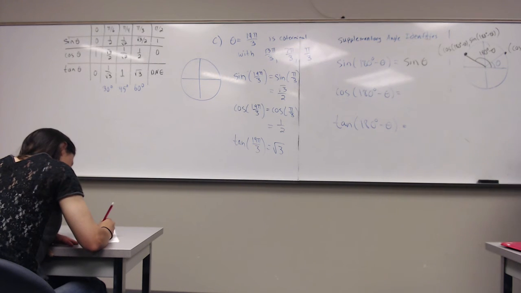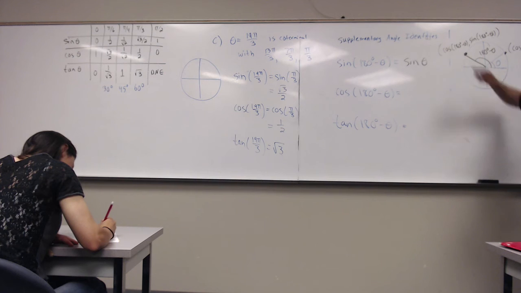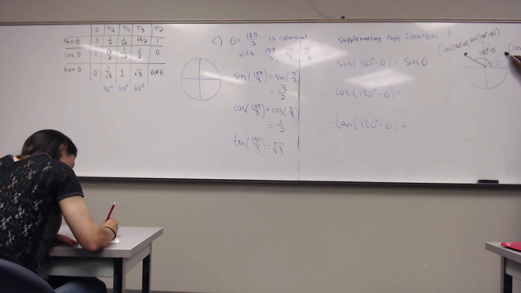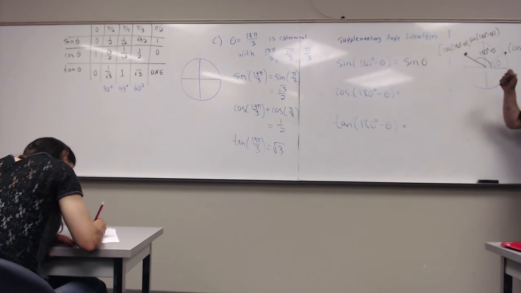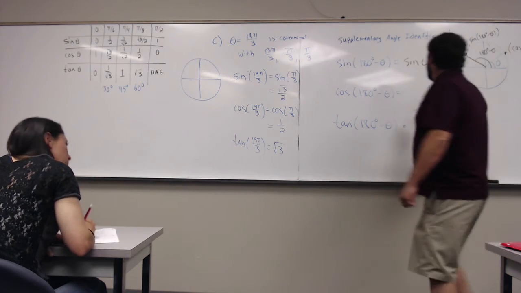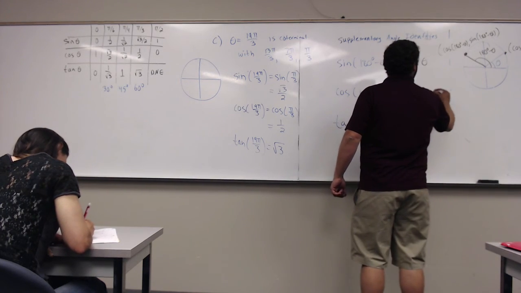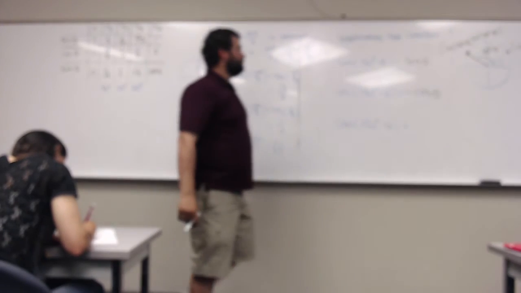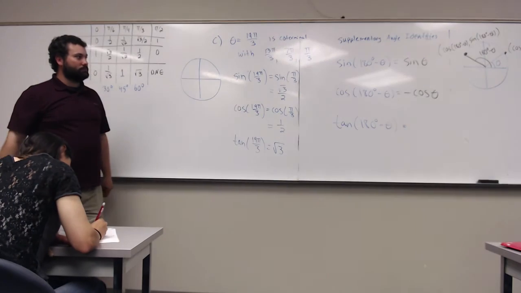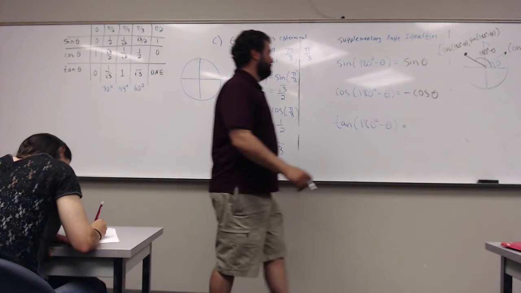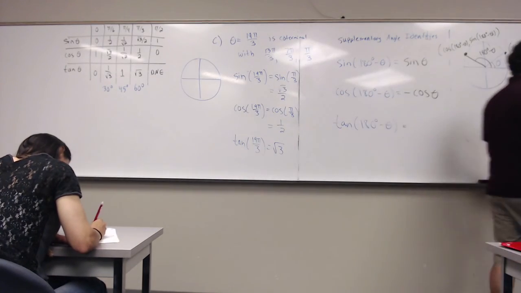Now what's going to be the only difference between cosine of theta and cosine 180 minus theta? It's going to be negative cosine. So if I drew this in the first quadrant, if I reflect, like Reed said, it'll make the x coordinate negative, so this is just minus cosine of theta. And that tangent will be negative because cosine's negative. Yep. Tangent would be negative.